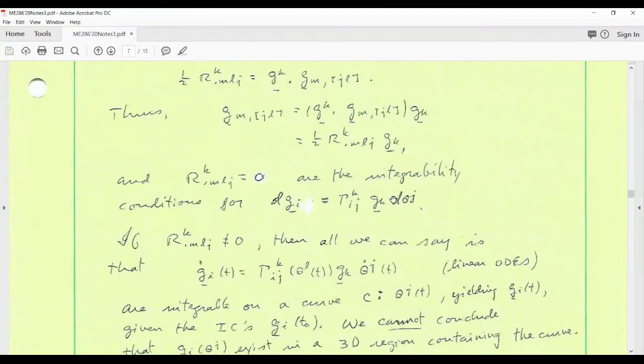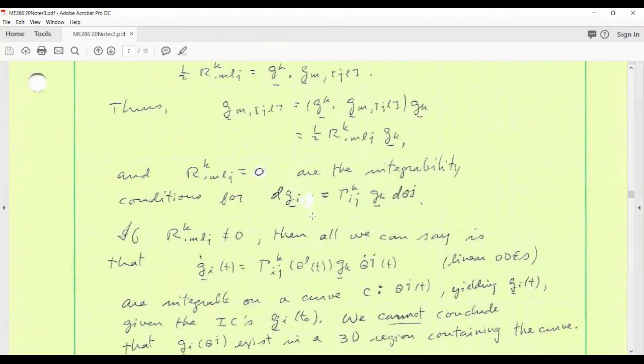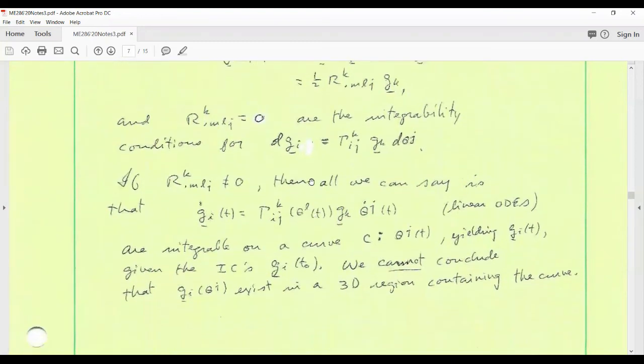If this system can be integrated to give you the g_i's as C2 functions of coordinates in space, then this would have to be 0, which means the Riemann tensor is 0. So the vanishing of the Riemann tensor gives the integrability conditions for this system, which is true in any affinely connected space.